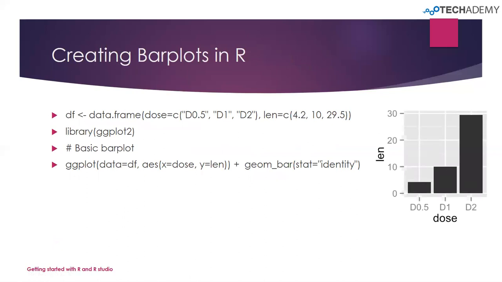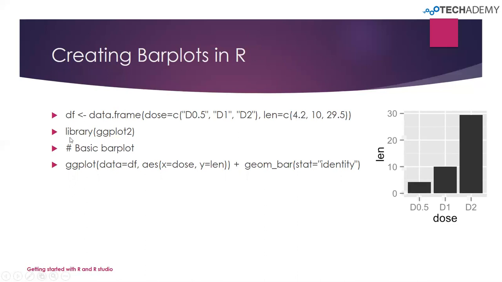Let me also show you how we can create very simple bar plots in R. Here I am just creating some dummy input and storing it in a data frame called df. This data frame has two columns. One is dose, the second is len. In dose, I am specifying three values, D0.5, D1 and D2, and len values 4.2, 10 and 29.5.